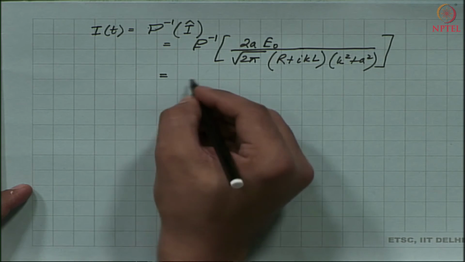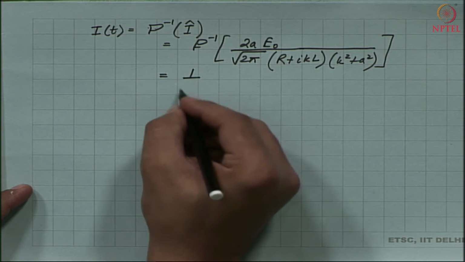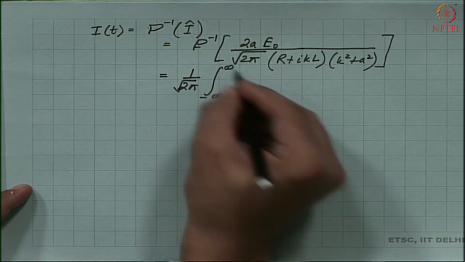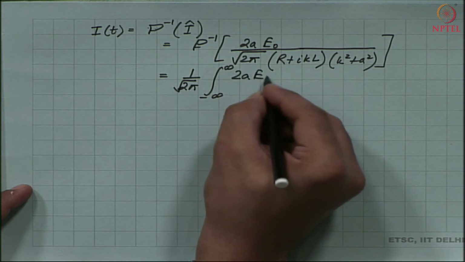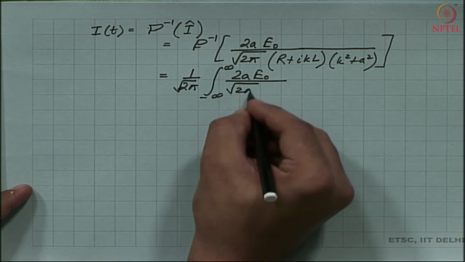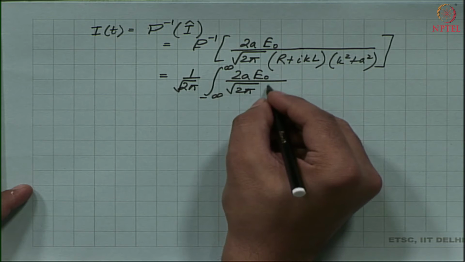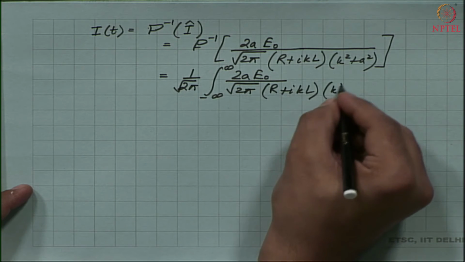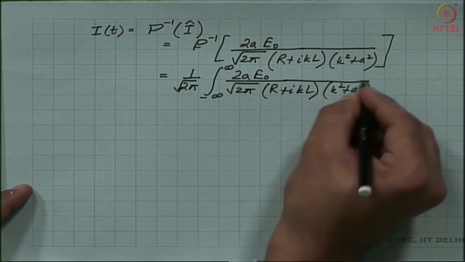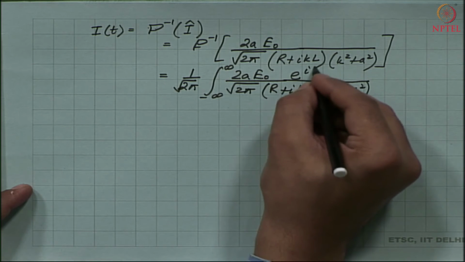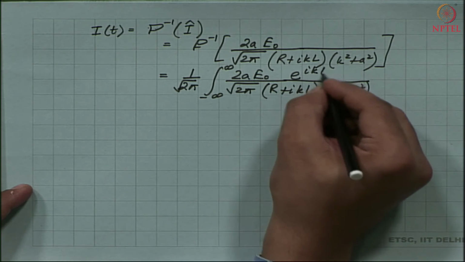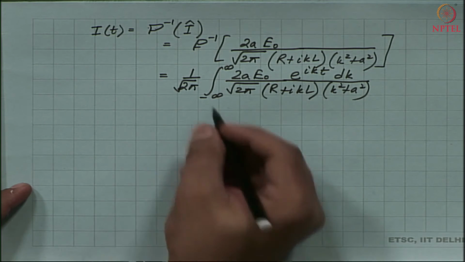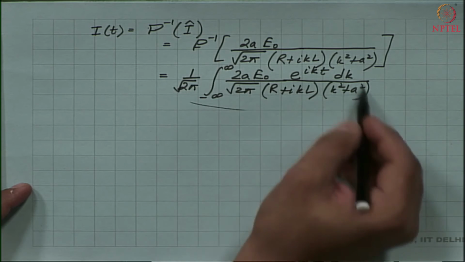Okay, and that will be given by 1 by square root 2 pi integral minus infinity to infinity of 2a E naught by square root 2 pi times the two factors R plus i k L and k square plus a square, times e to the power i k t dk. Now, to find the solution we have to evaluate this integral.